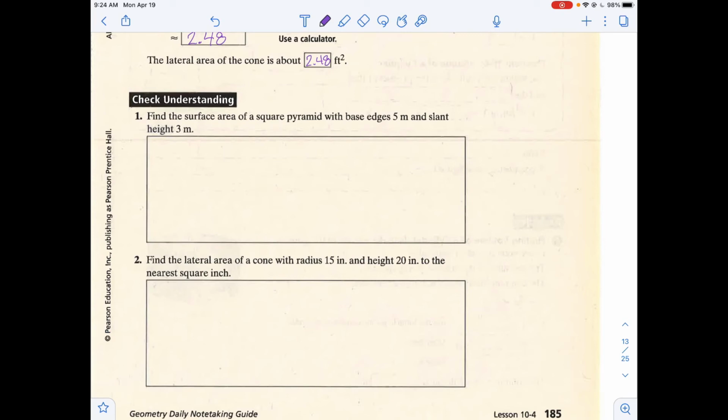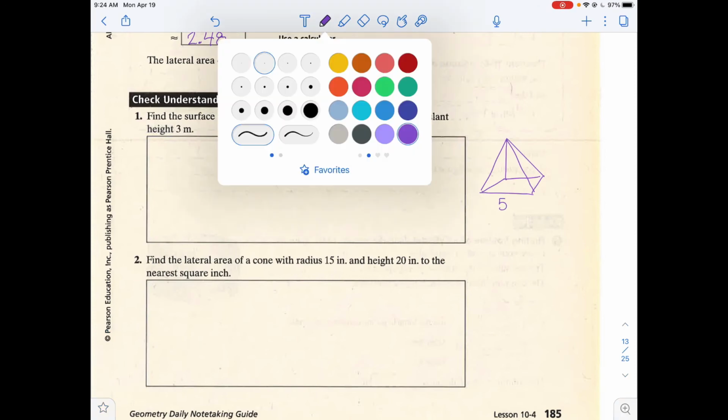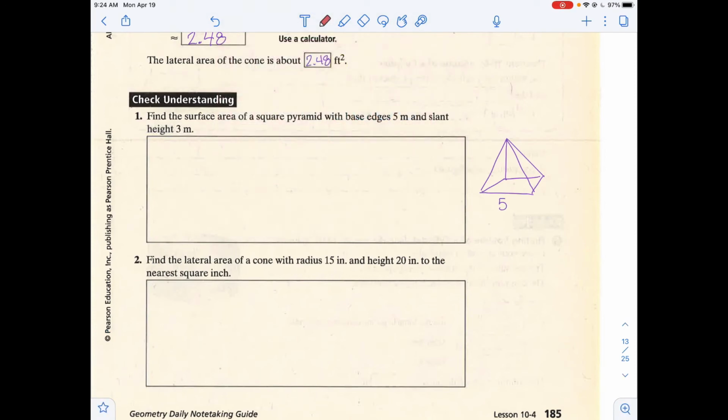Find the surface area of a square pyramid whose base edge is 5 meters and slant height is 3 meters. So I'm just going to attempt to draw this. I'm not an artist, you know that at this point. Okay, so this is 5, and then the slant height is 3.